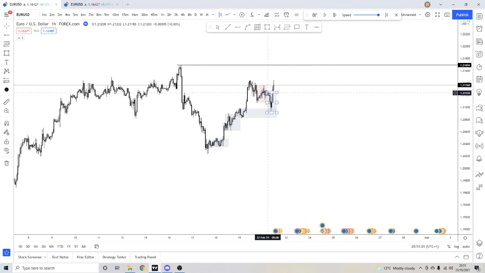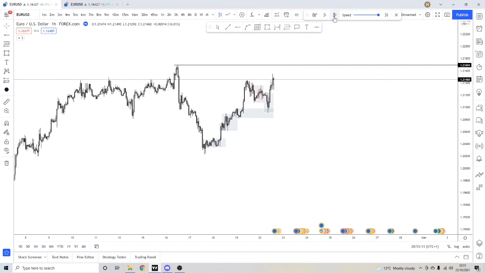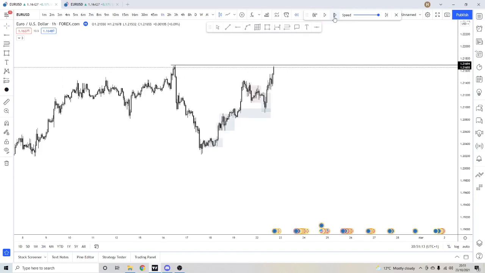Now we have this range here. This is now our last range, our last demand range now to make higher prices. Price doesn't come back into there, leaves it unmitigated. But now we have a new range.